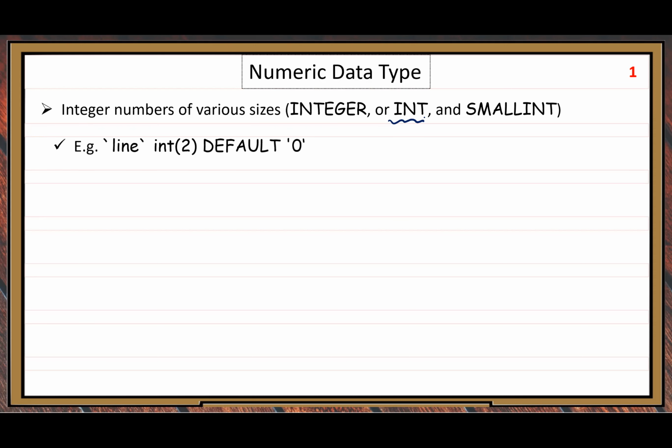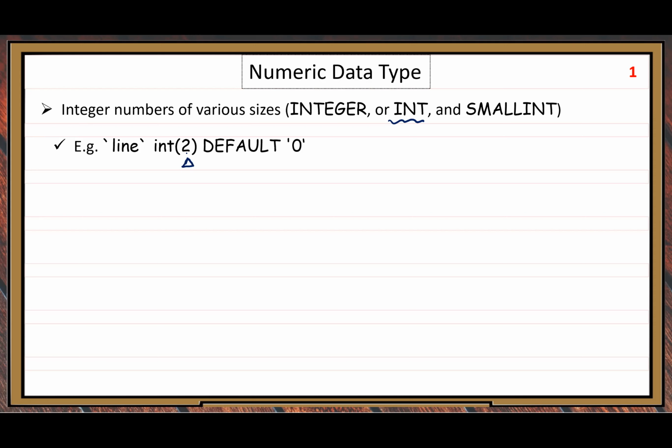Let's look at this example. For the line field, it is of integer type, int type. You can see here people use lowercase, right? Int.